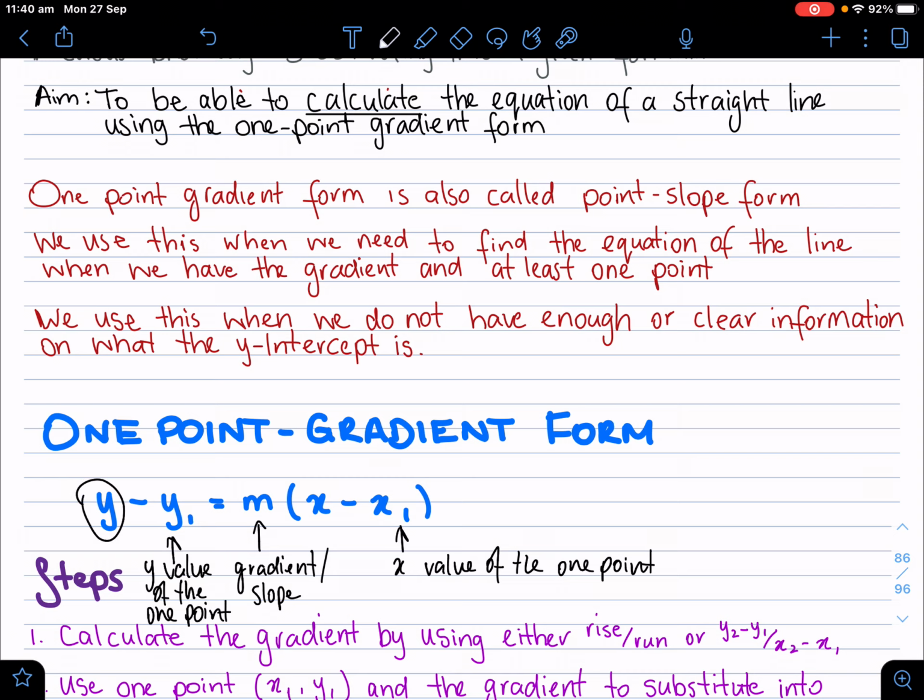And we leave y and x as variables. So let's go through a few examples on how we use the one-point gradient form. But before we do that, let's go through the steps. Now make sure you write this formula in the back of your book on your formula sheet so you can refer to it whenever you need it.